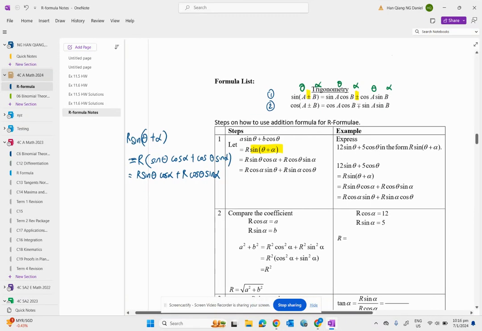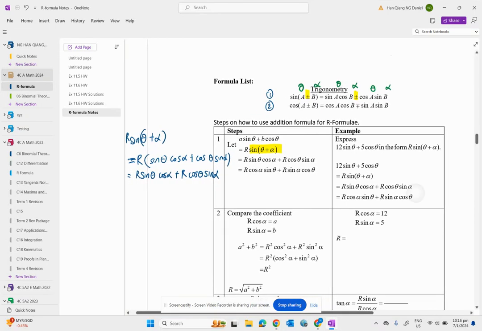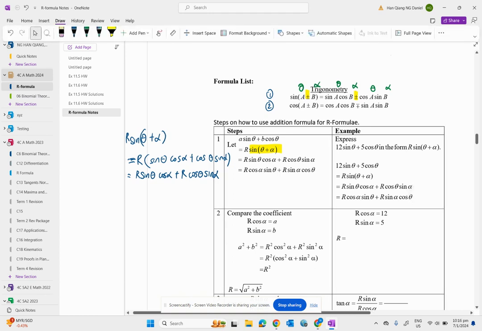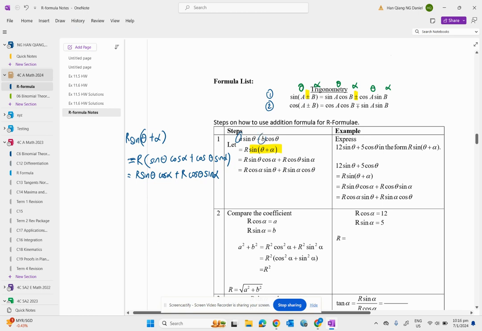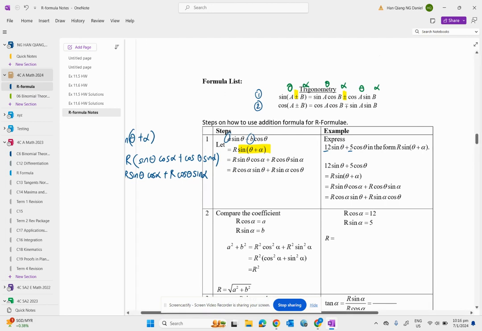So if we take a look at the specific example, instead of just a and b over here, we look at 12 and 5, which is exactly the same, right? We have here r sine theta cos alpha plus r cos theta sine alpha.